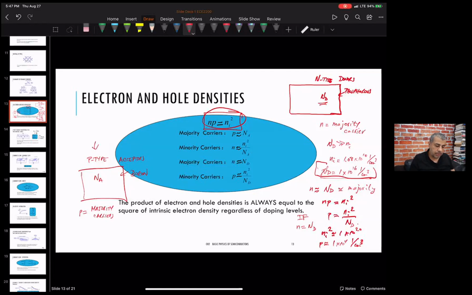Again, we've doped it a certain way. If the number of acceptor dopants is much higher than n sub i, then the hole concentration will be almost the same as the acceptor concentration, and those will be the majority carriers.